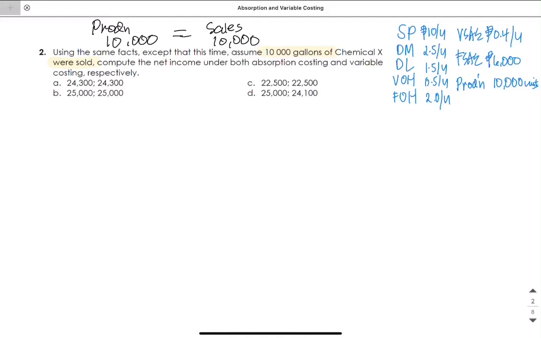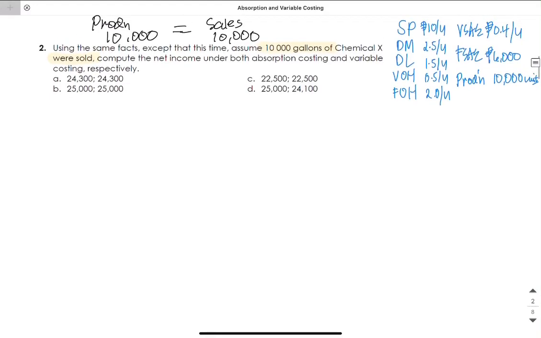So how will the income statement be presented under the two costing methods? Let's start first with absorption. Just like what I've told you, we're going to use the shortcut method here. For the rest of the problems, we'll use the shortcut method.